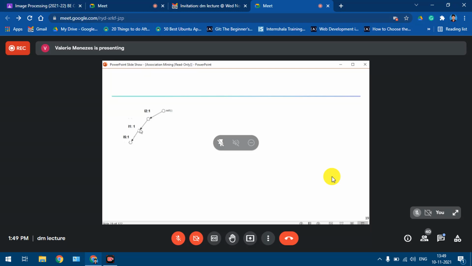In the same order we create a branch. Each node is traversed once, so the count is 1 for each node. Is that clear?